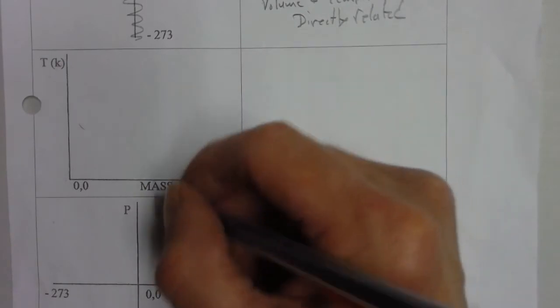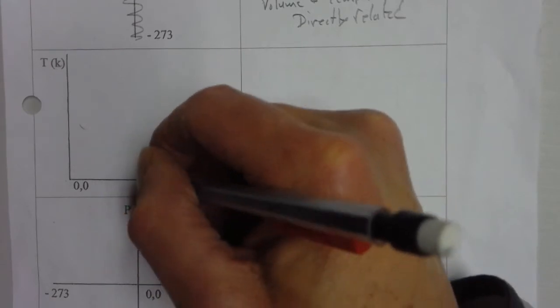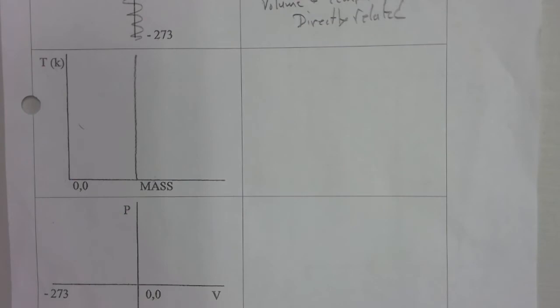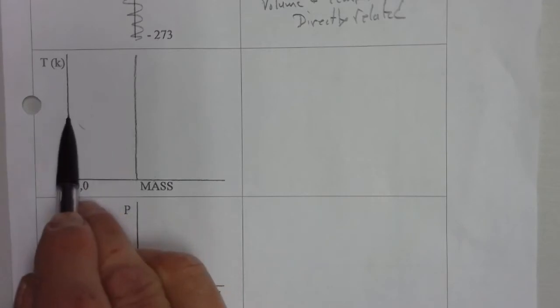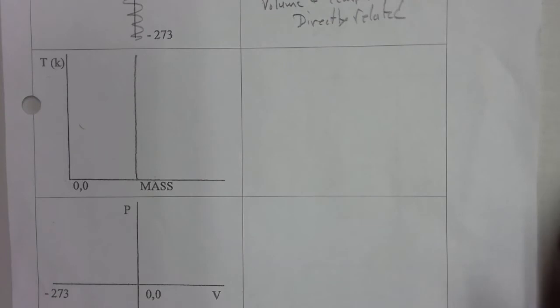So for a sample of gas, if you have a certain mass, it doesn't matter what the temperature is, you're going to have that same mass the whole time. And likewise, if you have a certain temperature, you could have all kinds of different masses. If you maintain that temperature, adding more mass does not mean you add more temperature.